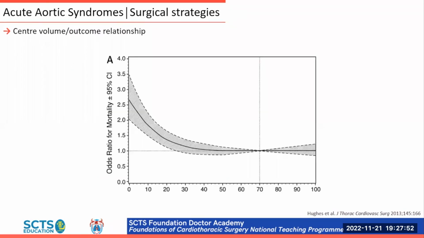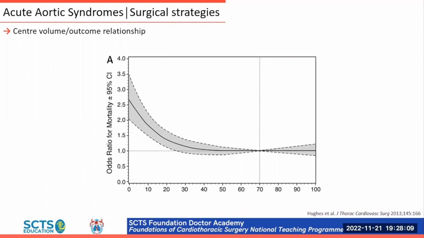Relating to this concept of the aortic multidisciplinary team, what is important is that normally, like for other kinds of surgery like AAA or bypass, there is a clear relationship between volume and outcome.